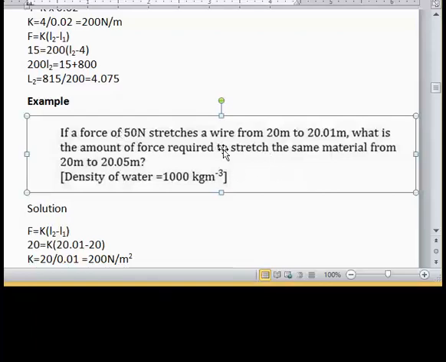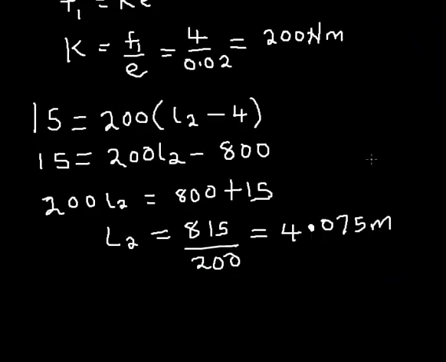So first of all, the force of 50 Newton stretches this material from an original length of 20 to 20.01. Let me call that force F1.